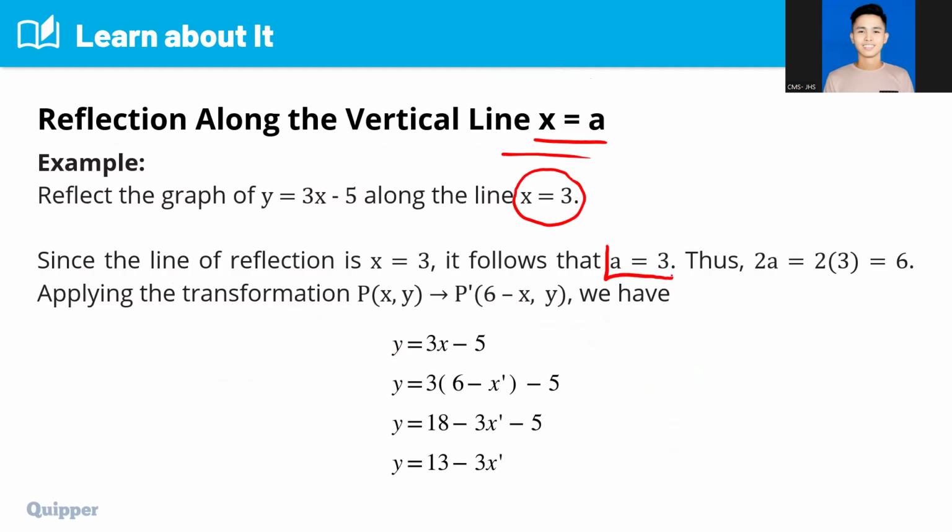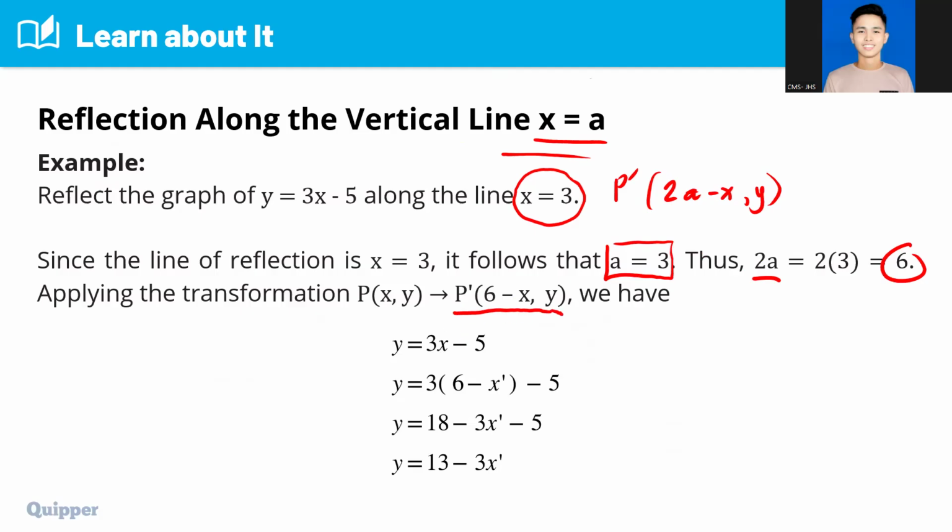So we multiply 3 by 2 because in the formula, it's 2a minus x, and then copy y for P prime. Again, a is 3. We multiply 3 by 2, giving us 6. Therefore, it will now become 6 minus x, and then y.